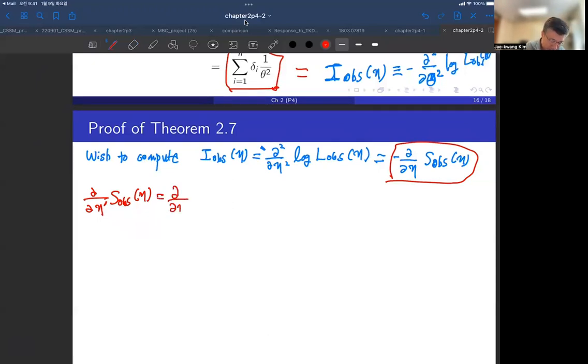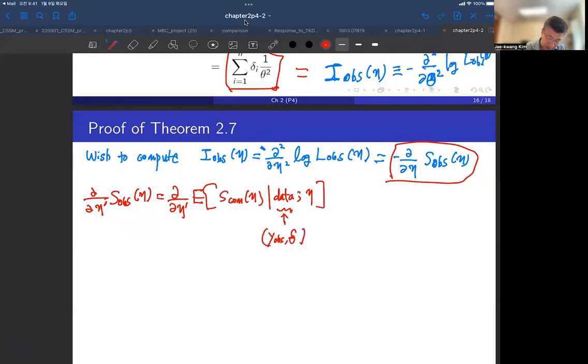And then this one is what? The complete score S_com(eta) given data. I'm going to use just the data to denote y_obs and delta.